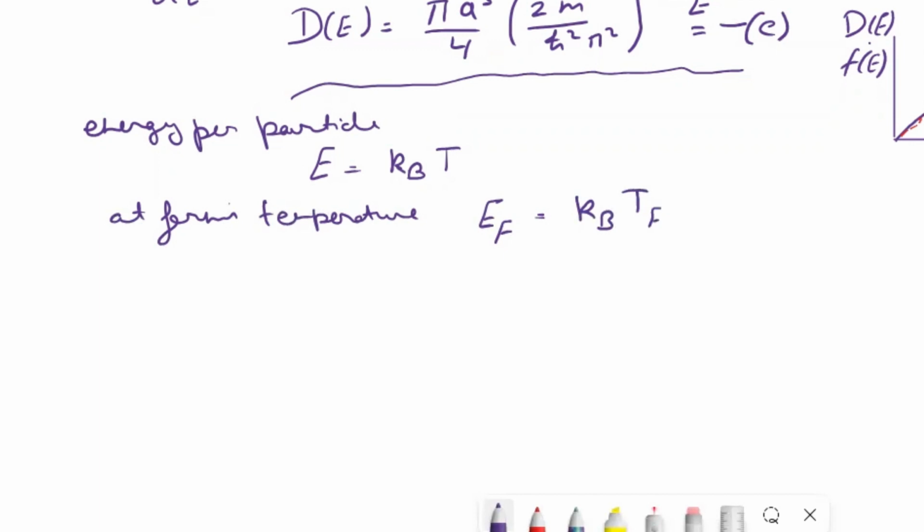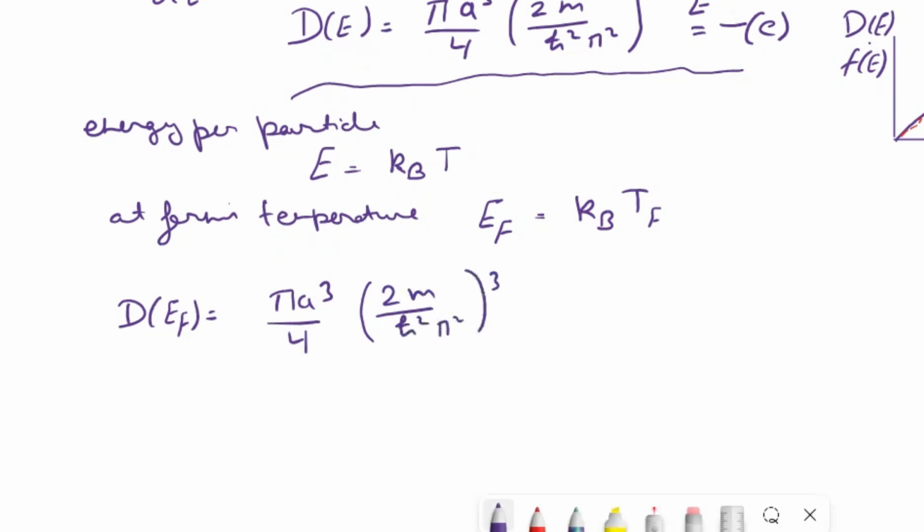At the Fermi value, the d of E_F will actually come from the equation: E cube upon 4, 2m square pi square to the power 3/2, E_F to the power 1/2.